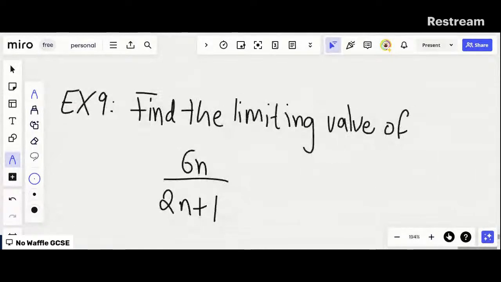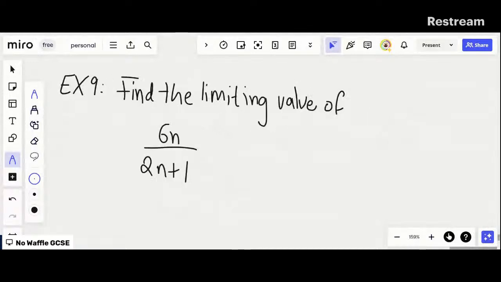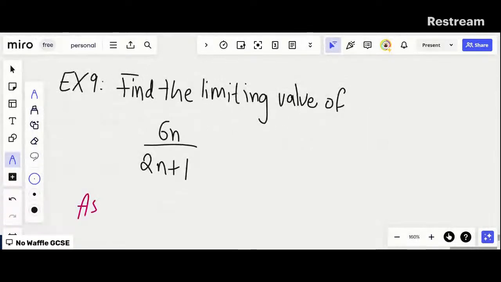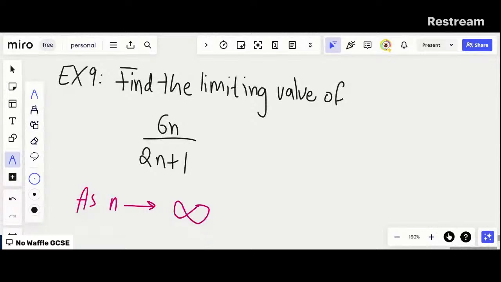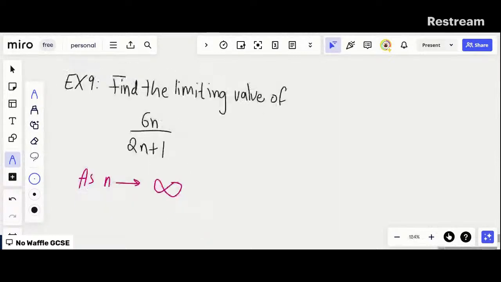As n tends to infinity, as n gets bigger and bigger, you want to find the millionth term and beyond. So as n is getting bigger, what would 6n over 2n plus 1 tend towards?